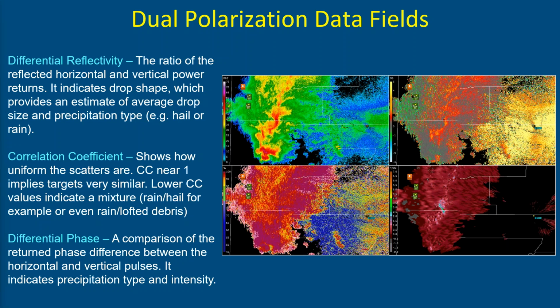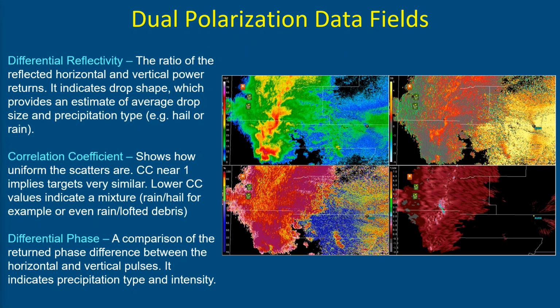Correlation coefficient, this is kind of interesting. This is giving us an idea of how uniform the targets are. Is it all rain that the radar is observing? If it is, then our correlation coefficient will be near 1. Is there a mix of rain and hail?